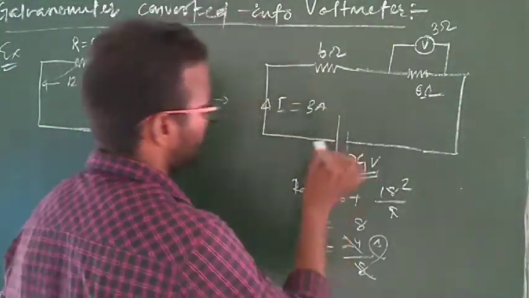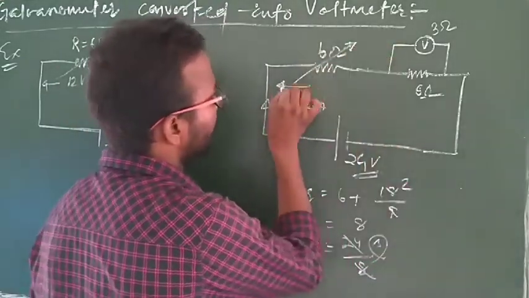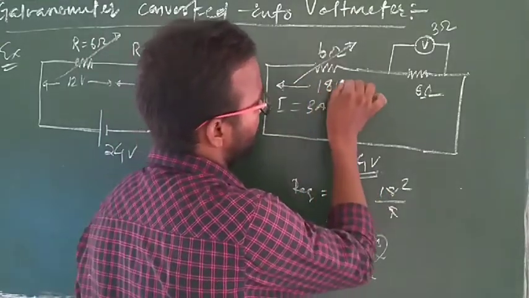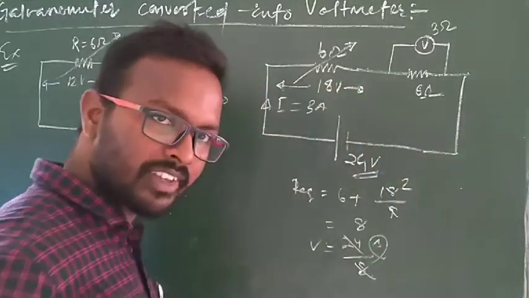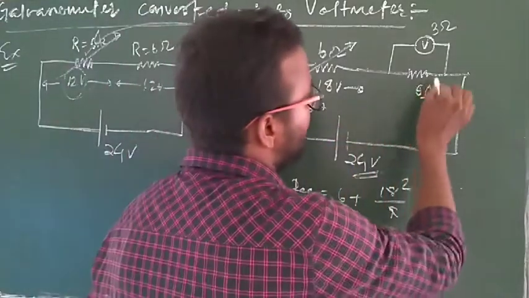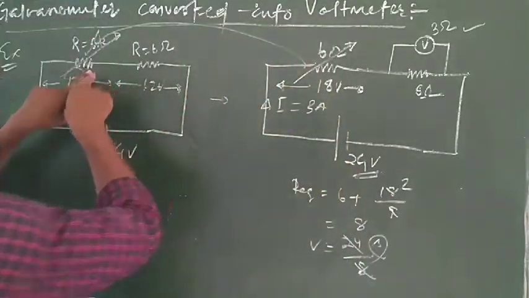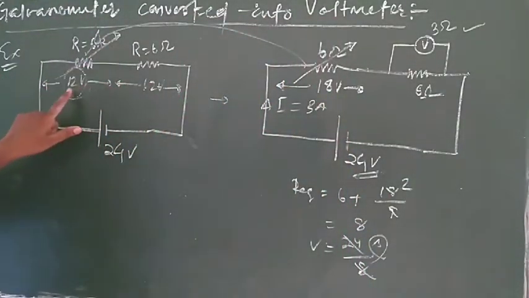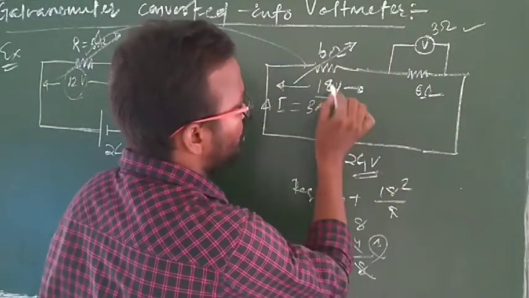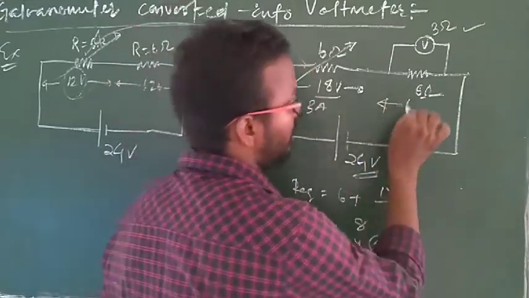If 3 ampere current flows through the circuit, then the first resistor drops a potential difference across it of 3 into 6, that is 18 volt. Clear? Initially, the 6 ohm resistor dropped 12 volt potential difference. Now after using a voltmeter whose resistance is 3 ohm, the first resistor consumes 18 volt, and the remaining potential, because the total potential is 24, is 6 volt.